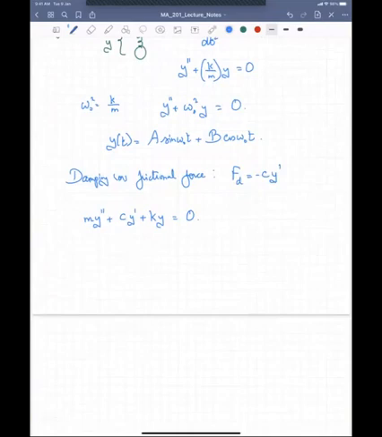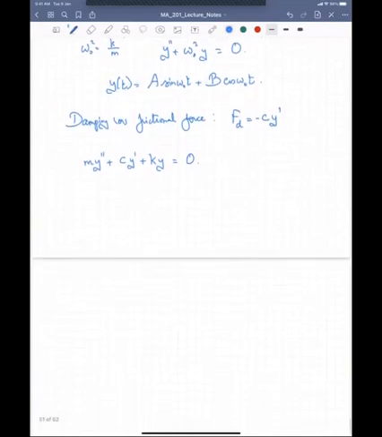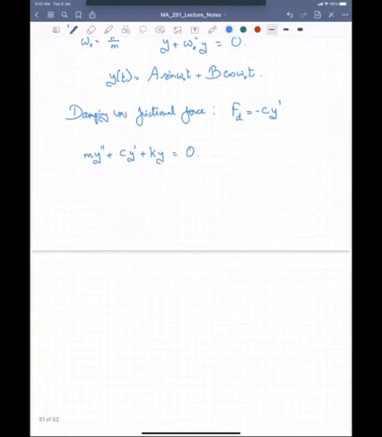The net force is, of course, the Hooke's restoring force plus the damping force, both of which are negative. So I take both of them to the other side and write this as a simple equation in y double prime, y prime, and y. And since m, c, and k are constants, this becomes a homogeneous linear second order ordinary differential equation with constant coefficients. So I'll put this in the standard form by dividing through by m.